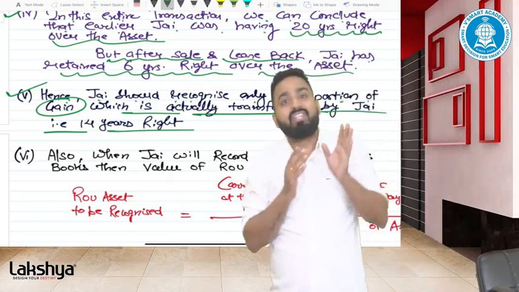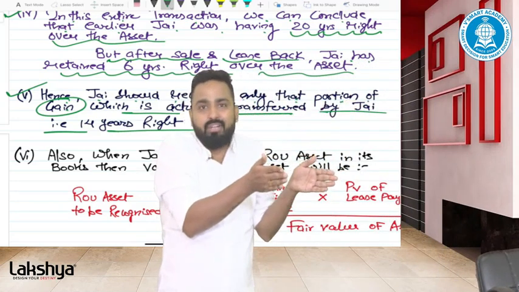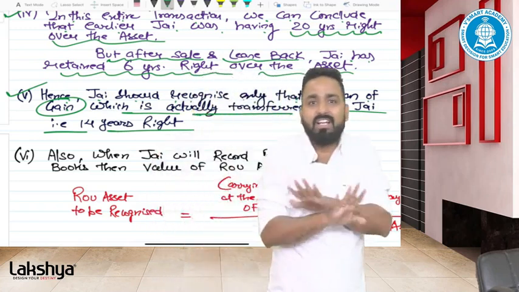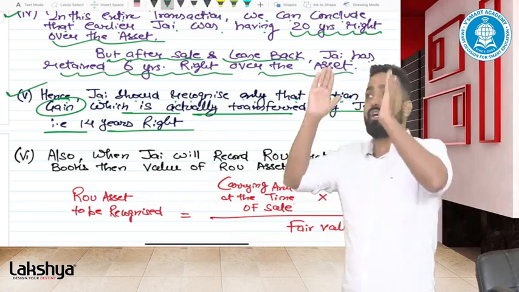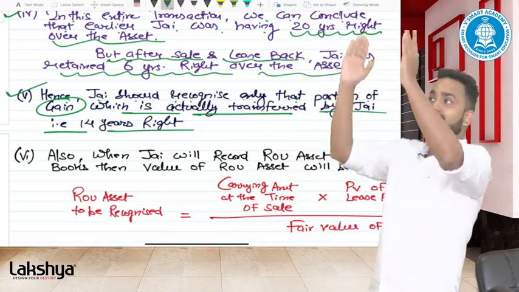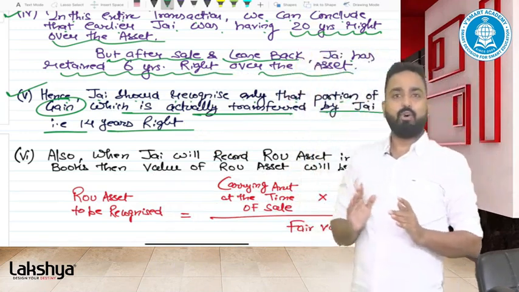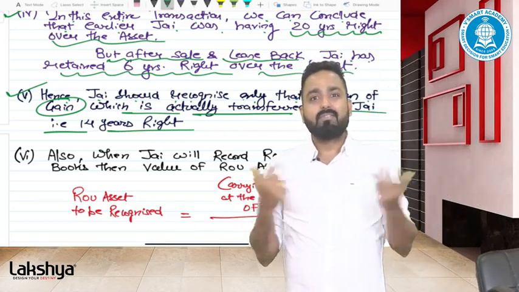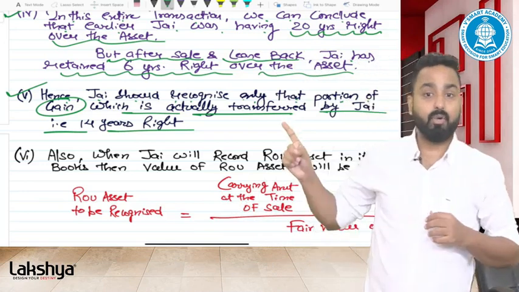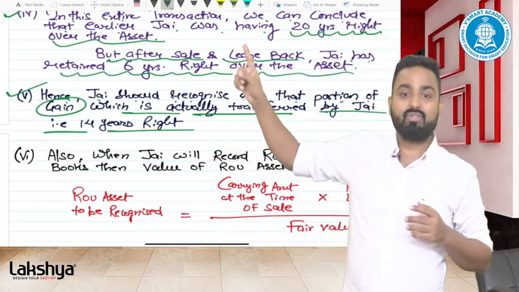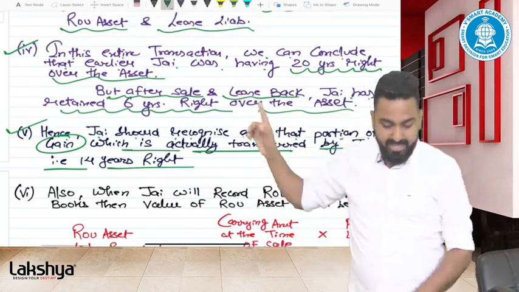So the gain to the extent of the 6 years portion of that asset should not be recognized because I haven't transferred that portion. Gain to the extent of the transferred portion, that means the 14 years portion, should only be recognized. Understood or not? The fifth point is very technical, but it is based on the fourth one.